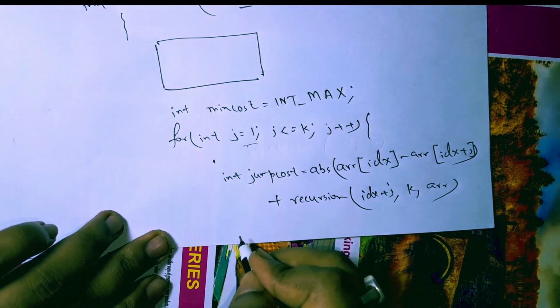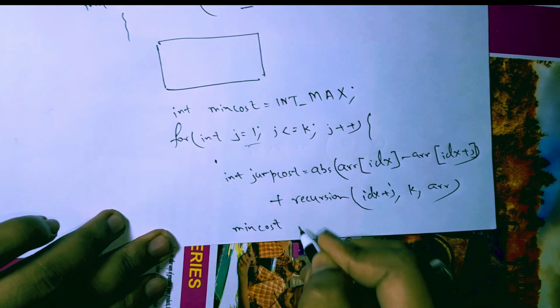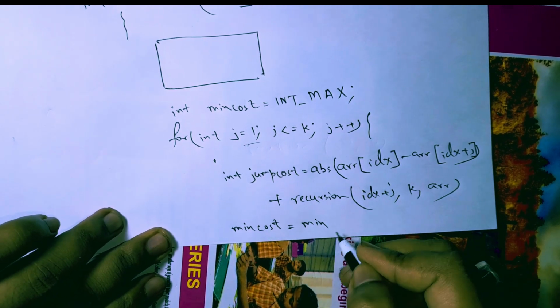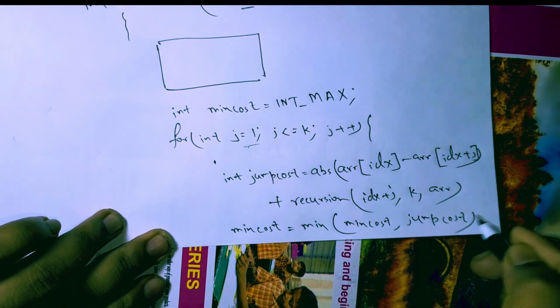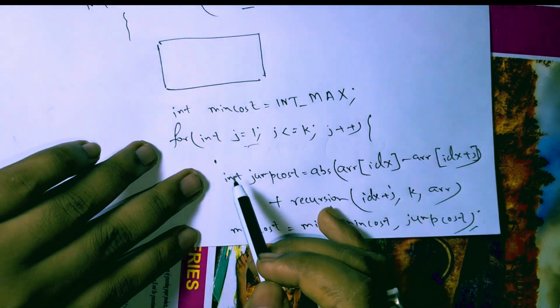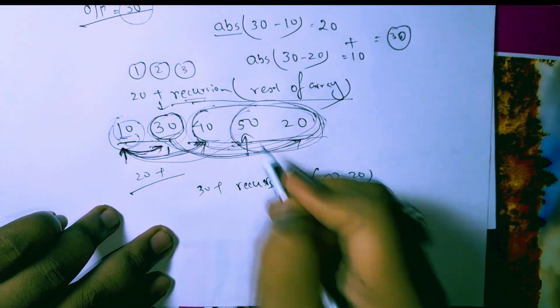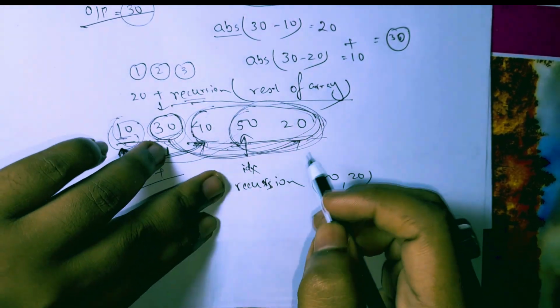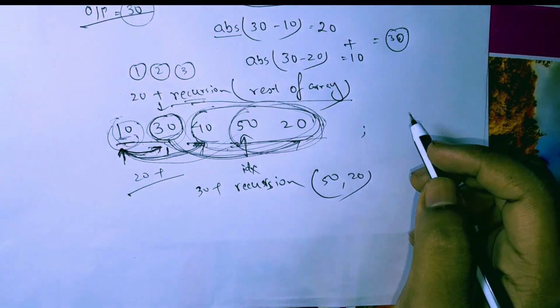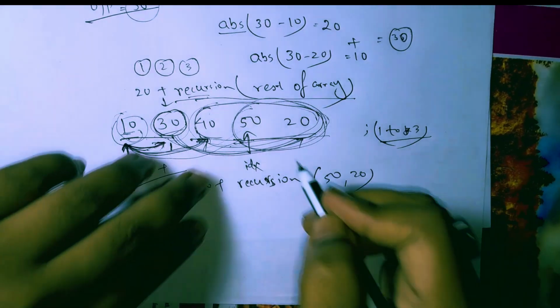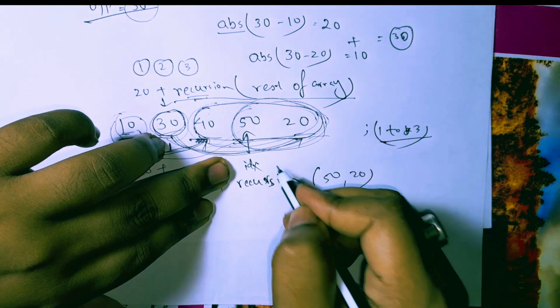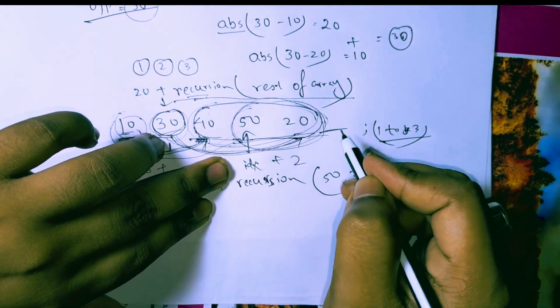Now I will simply do, in min cost, the minimum of min cost comma jump cost. Now you think, here is a catch. Suppose my index is here, and I am running the for loop from 1 to k, 1 to 3. So after running 1, if I add 2 here, then it will be out of bound.